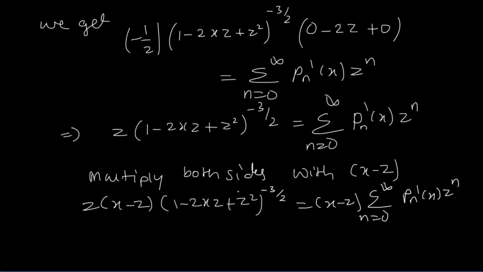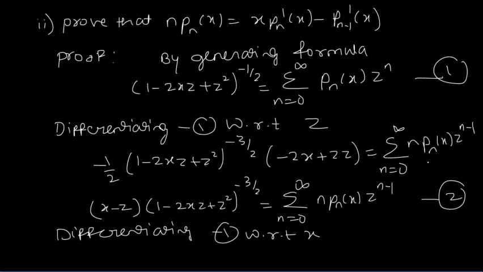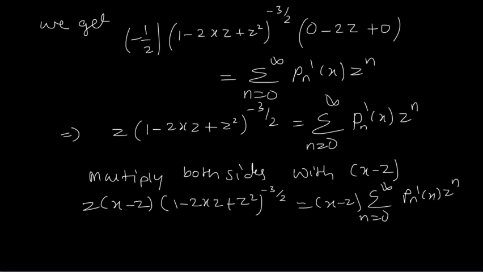This is obtained by multiplying with x minus z on both the sides. Call this equation 3.